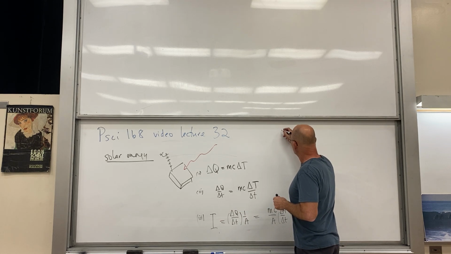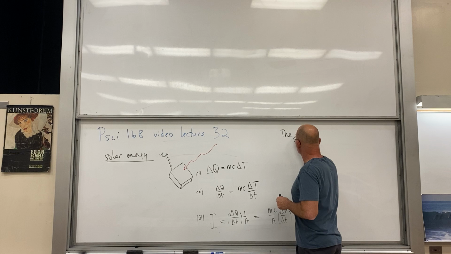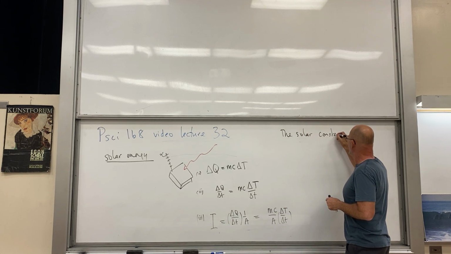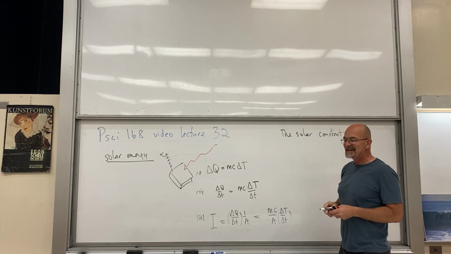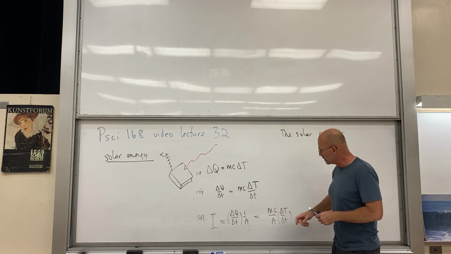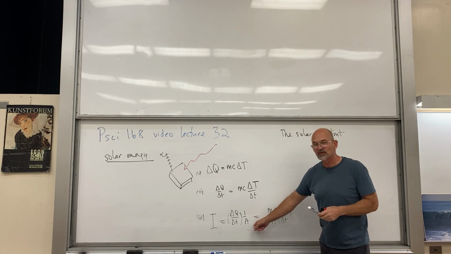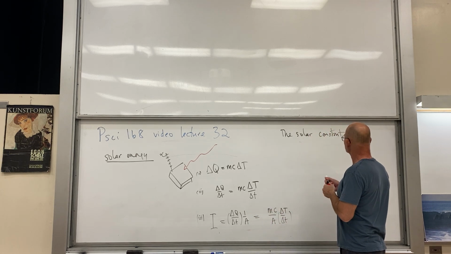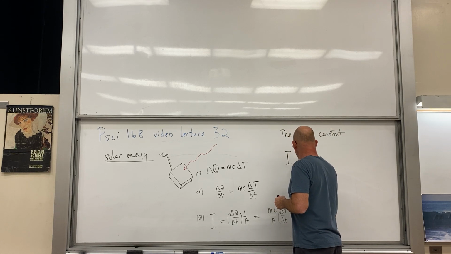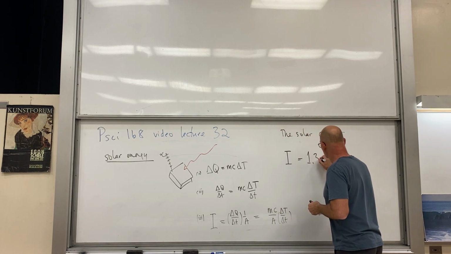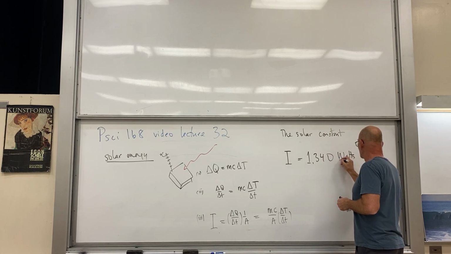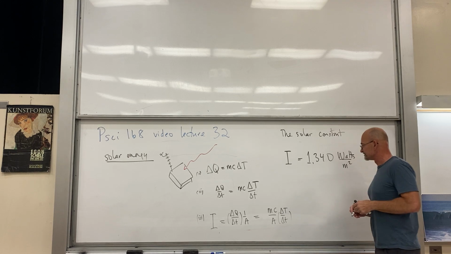So the solar constant is an intensity. The units would be watts per square meter. So I is equal to 1,340 watts per square meter.